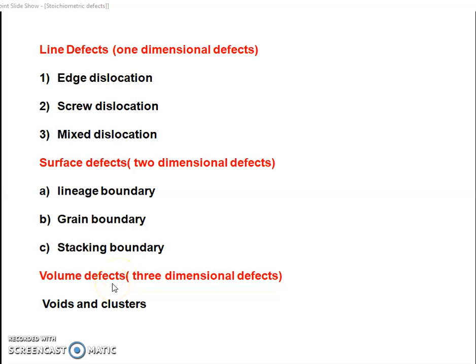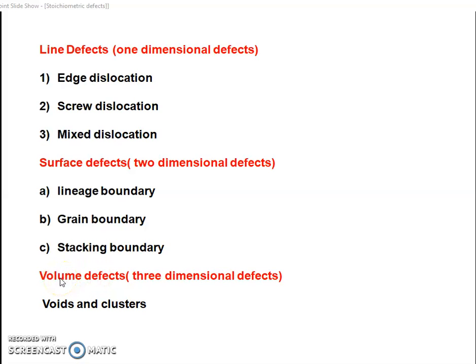The next defect is the surface defect, another name for which is two-dimensional defect. These defects include line edge boundary defects, grain boundary defects, and the third type is stacking boundary defects.